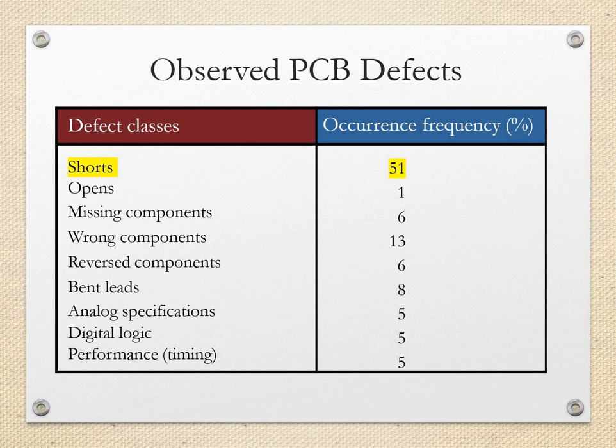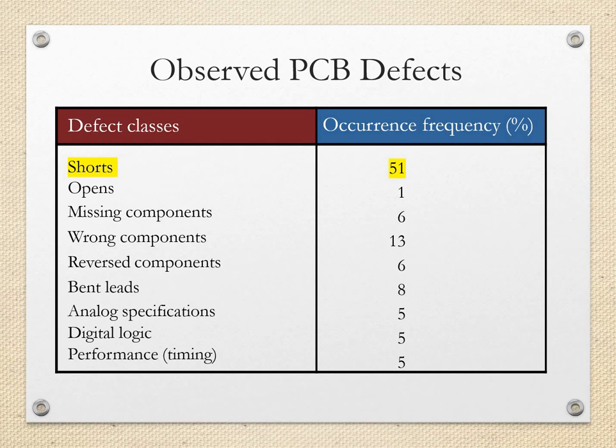If you check the table, it is found that 51% of occurrence is due to the defect class shorts, and others are much less: opens only 1%, missing 6%, wrong component 13%, and likewise.